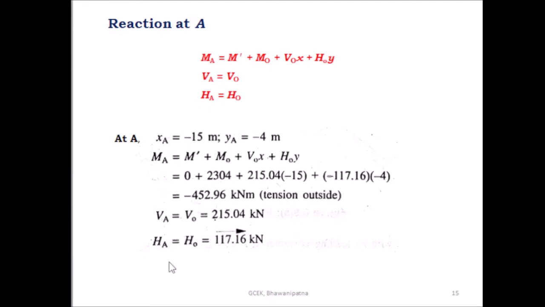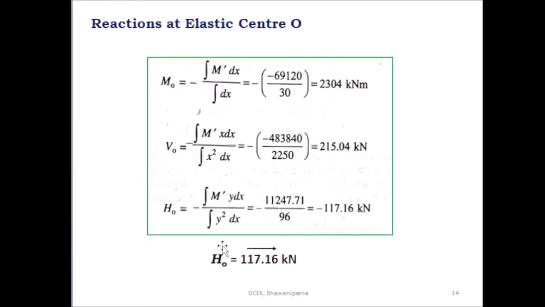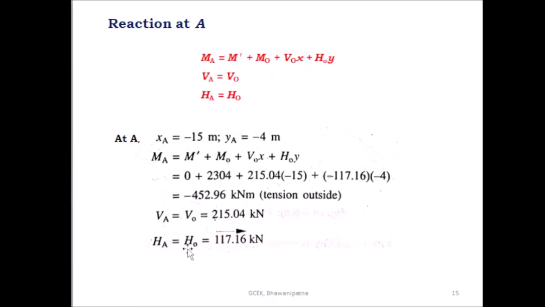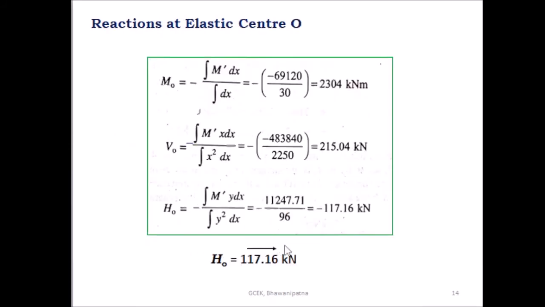Then VA and HA you can find out, because VO is equal to 215.04 kilonewton and HO is equal to 117.16 kilonewton towards right, so VA is equal to VO and HA is equal to HO. So VA is equal to 215.04 kilonewton and HA is equal to 117.16 kilonewton, and the direction of the horizontal force is towards right.